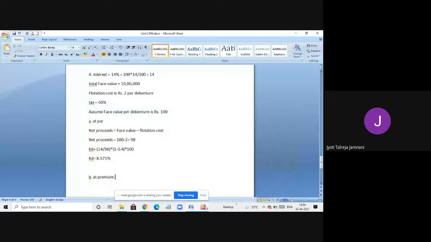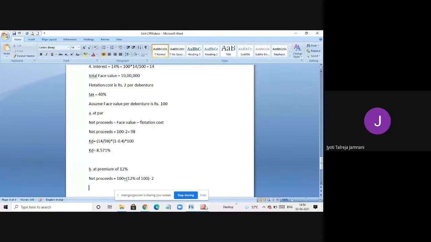B is at premium of 12%. Net proceeds is equal to face value, which is 100, plus premium 12% of 100, minus the flotation cost, which is 2 rupees given.